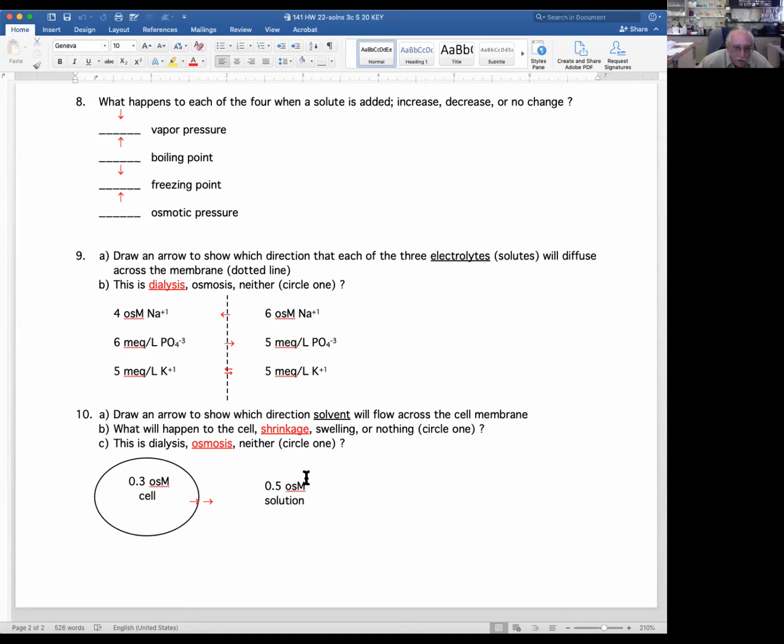If I got more solute over here, what does that tell me about the solvent? More solute means less solvent. So that means that there's more water in the cell than there is outside the cell when I put the cell into this solution. So water is going to osmose out of the cell into the solution and cause the cell to shrink.